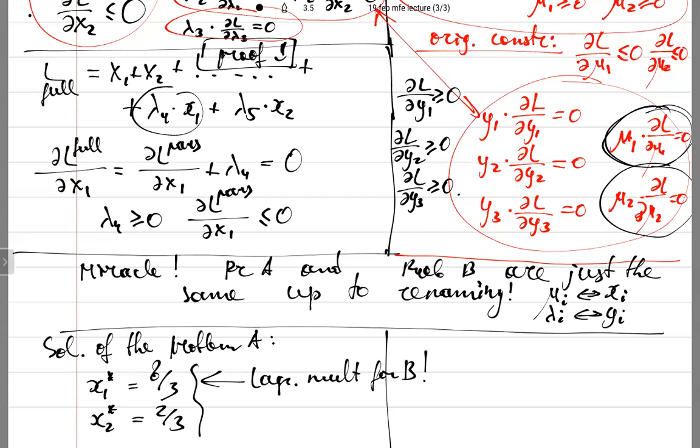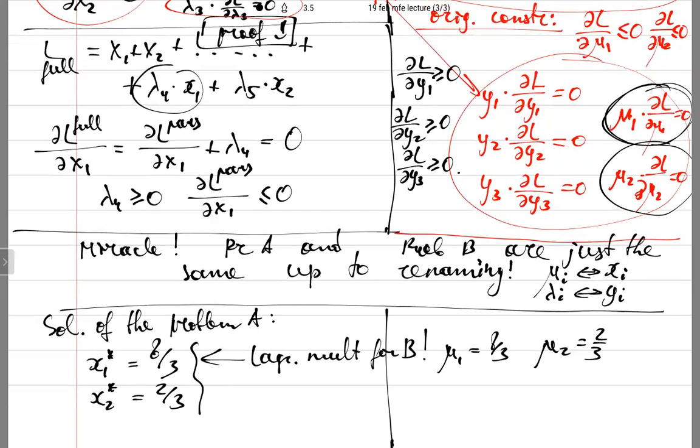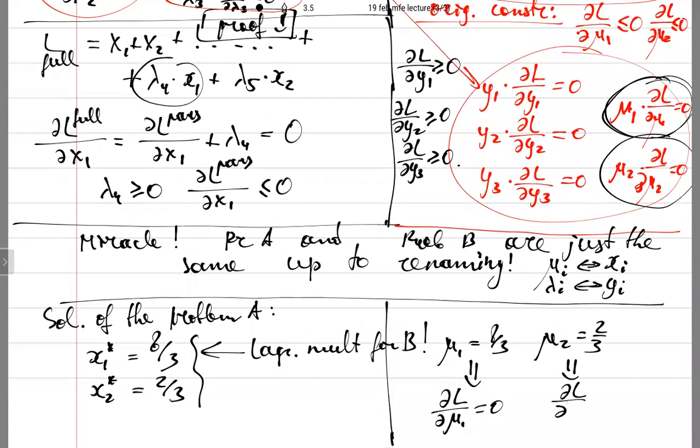So I see that mu1 is 8/3, mu2 is 2/3. That means that constraint 1 is active, constraint 2 is active. So I can deduce that dl d mu1 is 0, dl d mu2 is also 0.